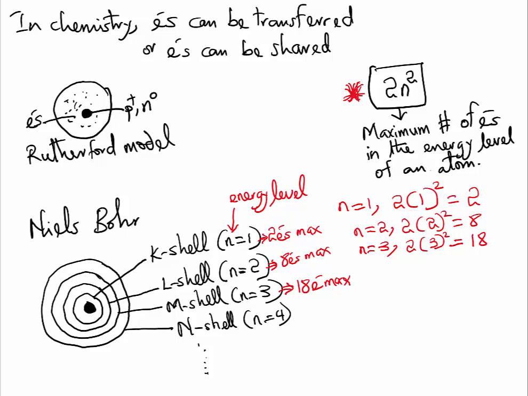But the M shell is now getting rather big, and it is actually split into 3 subshells. Subshells of M. The first subshell can hold a maximum of 8 electrons.